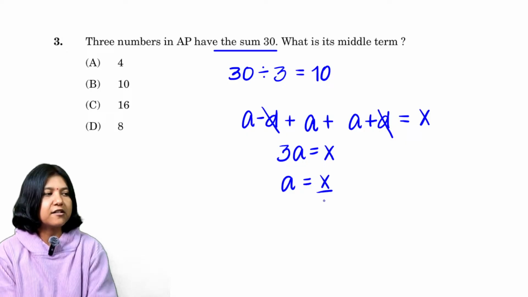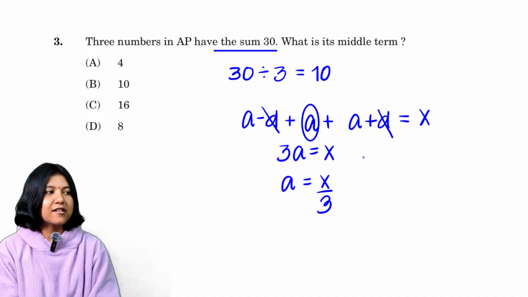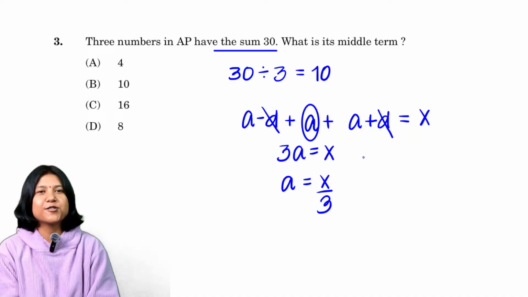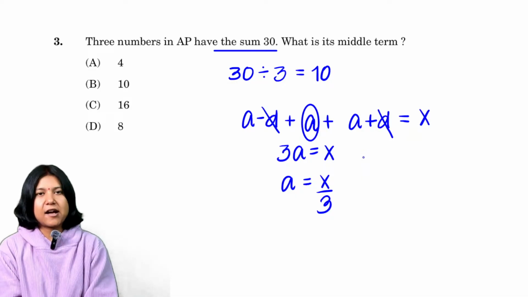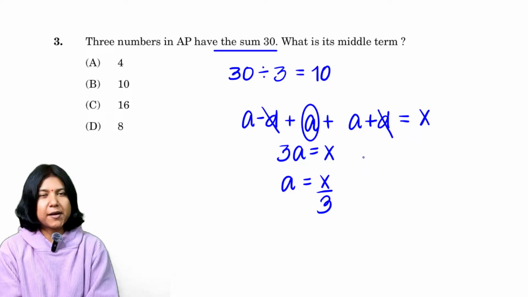Now here clearly I've told you a represents the middle term, right? So to find the middle term, all you should do is take the sum of 3 terms and then divide by 3. Similarly, if you know the sum of 5 terms, you can take the sum and divide by 5, okay? So remember, this works only for an odd number of terms given to you.